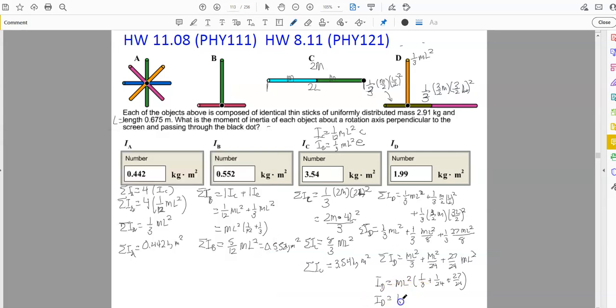So that's 1.99 kilograms meters squared.